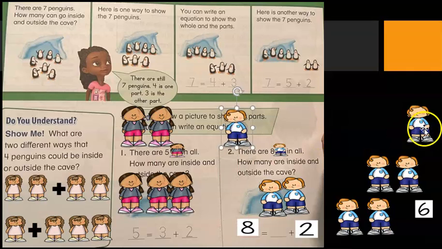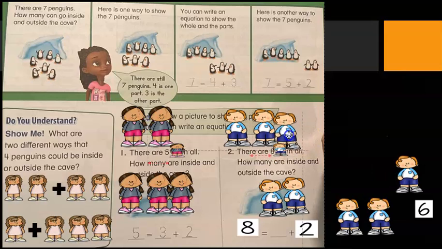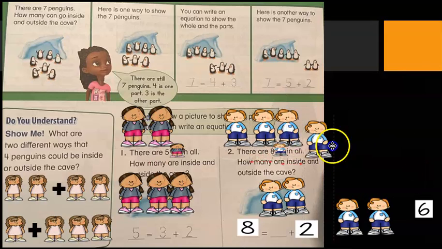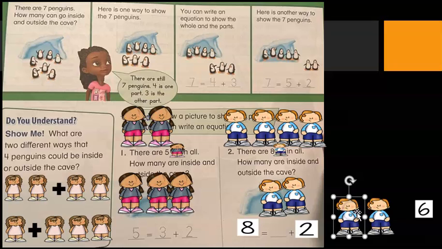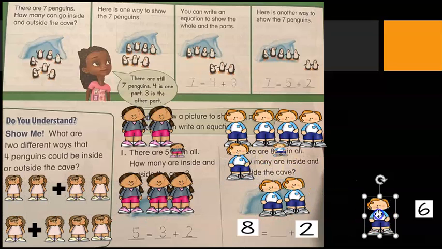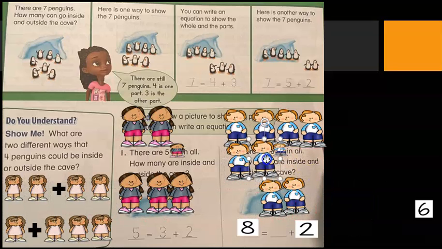1, 2, 3, 4, 5, and 6. You see that, first graders? 2 boys, look at this, are inside the cave. 6 boys are on the outside of the cave.